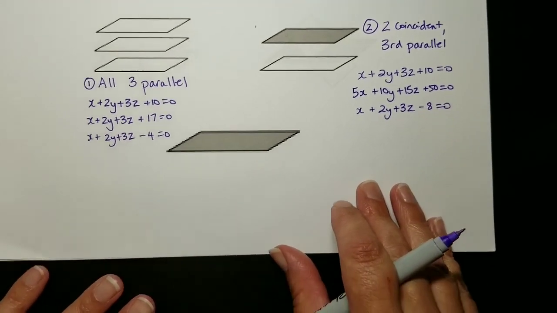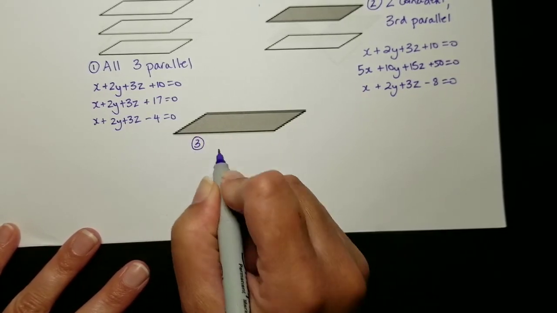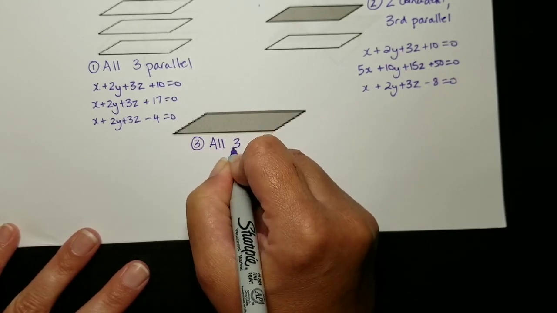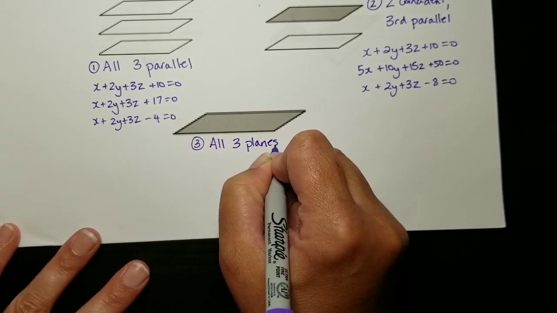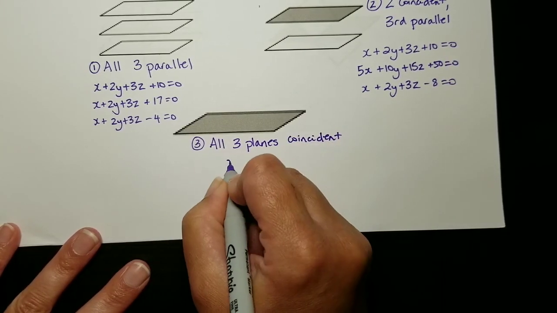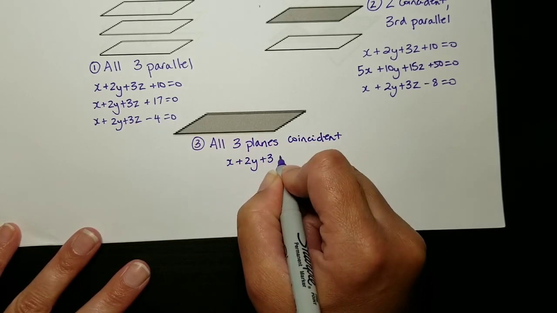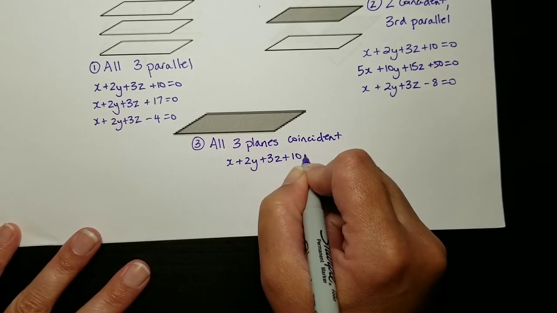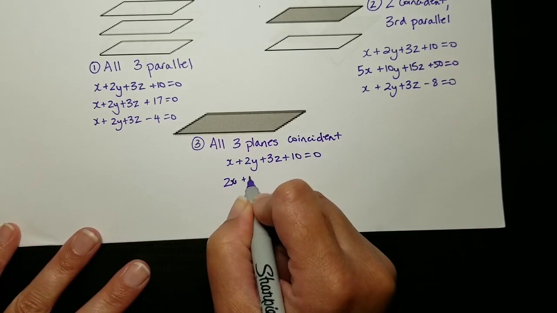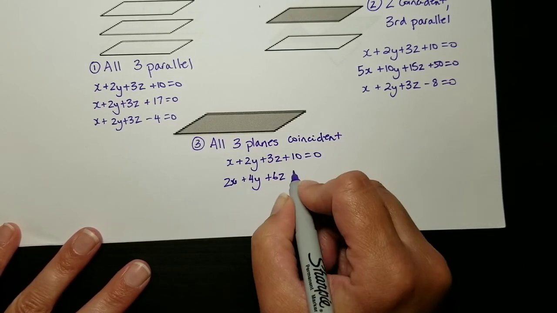Okay. The third case where all of the normals are collinear would be all 3 planes are coincident. So in this case, we might just have three equations where they were all actually the exact same plane.